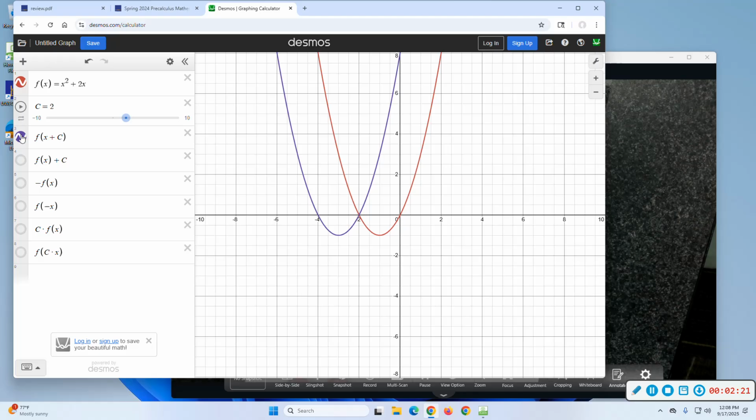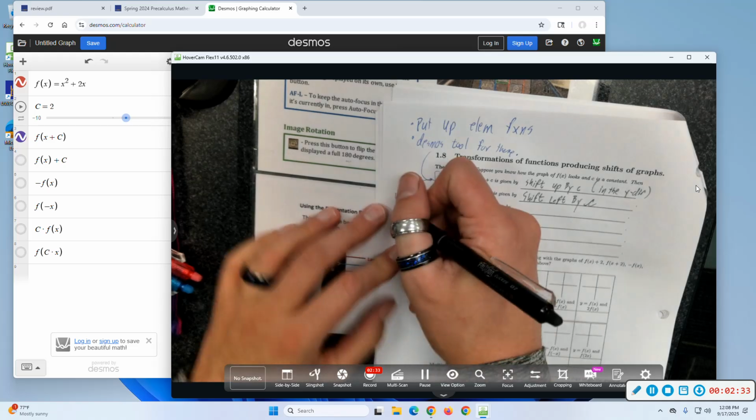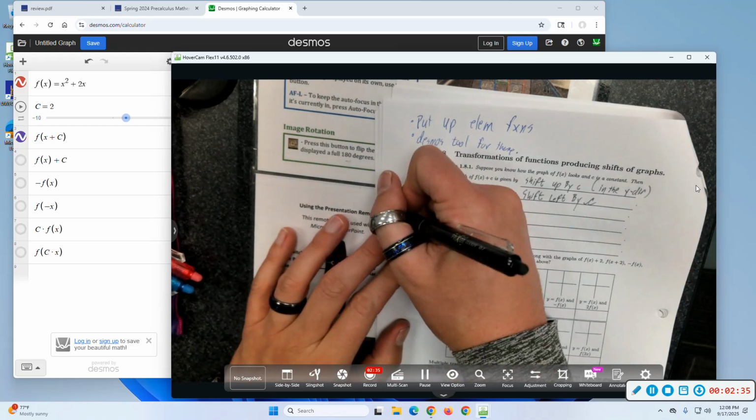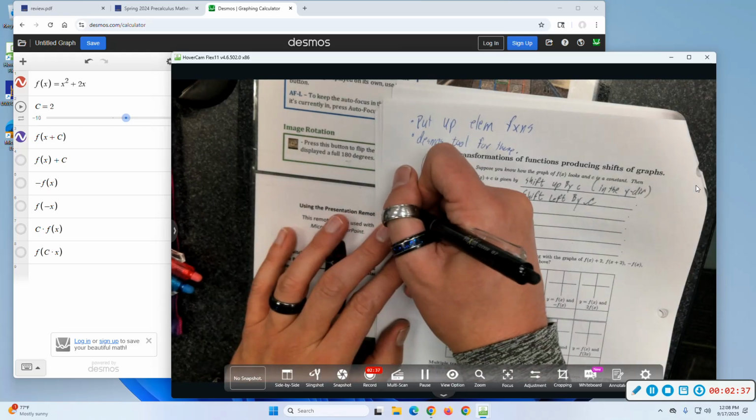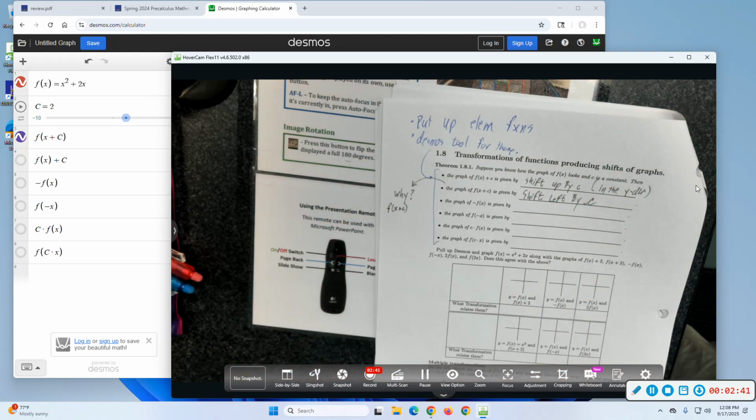Let's see, it's going to do something in the horizontal direction. So it's going to preserve the y values.